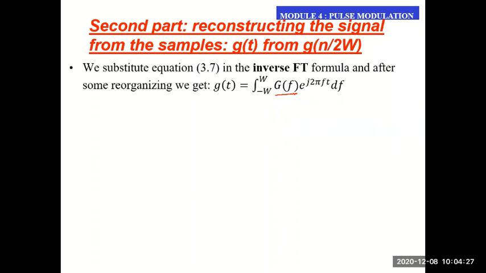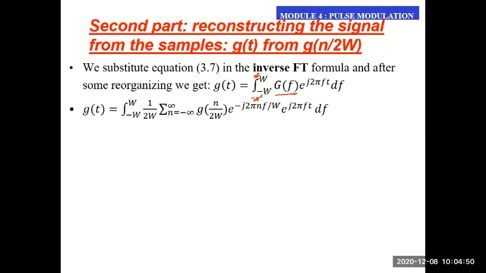This is the expression for IFT, the inverse Fourier transform of any signal G of f. Actually it is minus infinity, but since the signal is limited to this band, we change it to minus W to plus W. This is what we have to find. And the G of f value we have specified in equation 3.7.